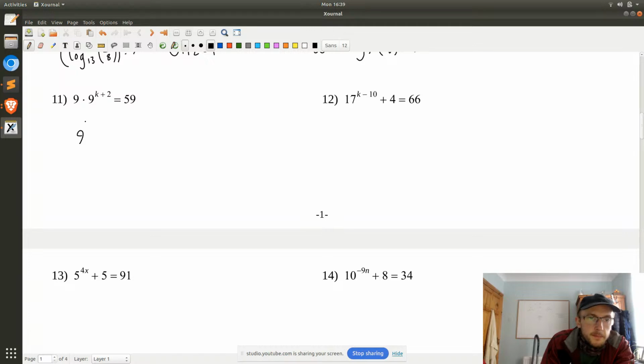Okay. Gather the powers. Log base 9 of both sides, and then take 3.